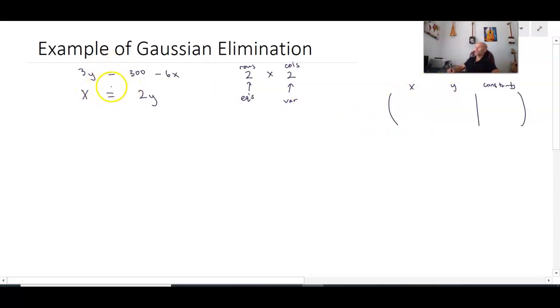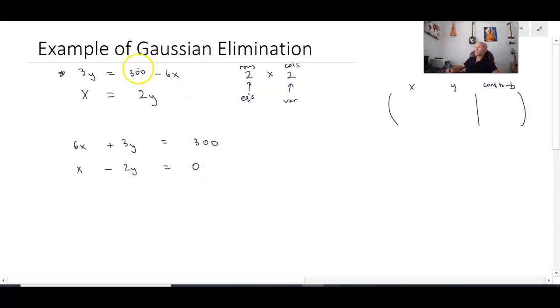Okay, so I need to get all of my variables on the left and all of my constants on the right. So if I add 6x to both sides of this first equation, I'll have 6x plus 3y equals 300. And in the second equation, if I subtract the 2y over, I have x minus 2y equals, well, there's no constant, or really the constant is 0.